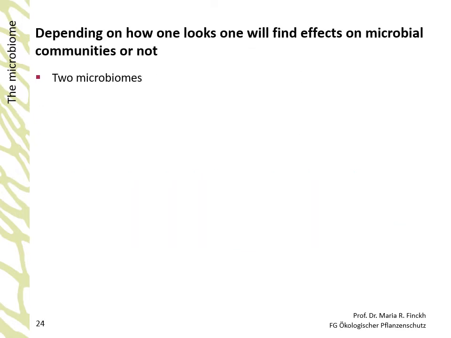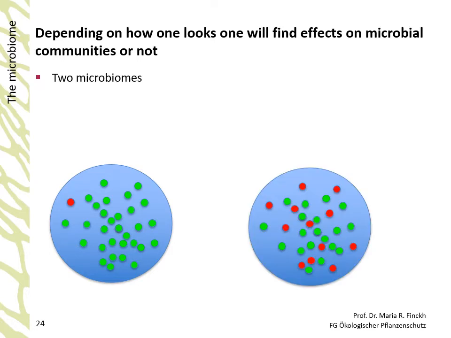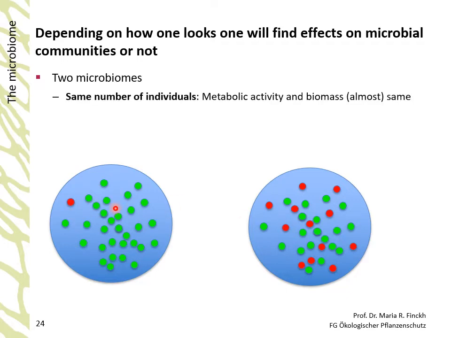Another important thing is when we look at how many do we have or how many species. Just an example, I designed 2 microbiomes. Both of them have the same number of individuals and even the same species, the red and the green. So the same individuals means probably the metabolic activity and biomass are almost the same.